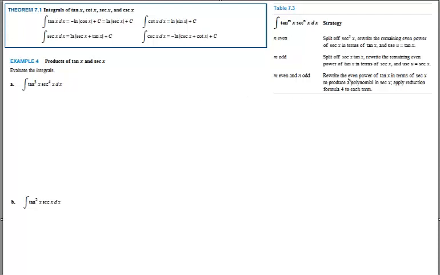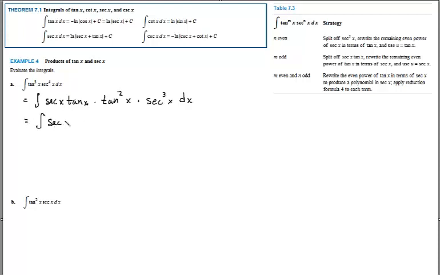Our strategy for solving these would be, if m is odd, I'm going to use this one right here, split off secant tangent, and write the remaining in those terms. So I'm going to do that right now. Alright, I've done this. Now my strategy here is to get everything in terms of secant so I can have a nice little du there.